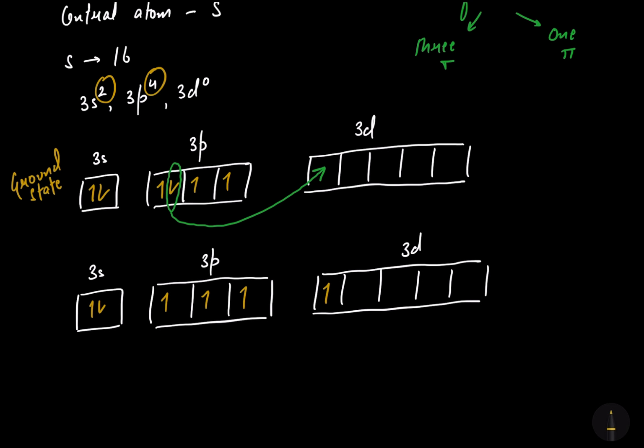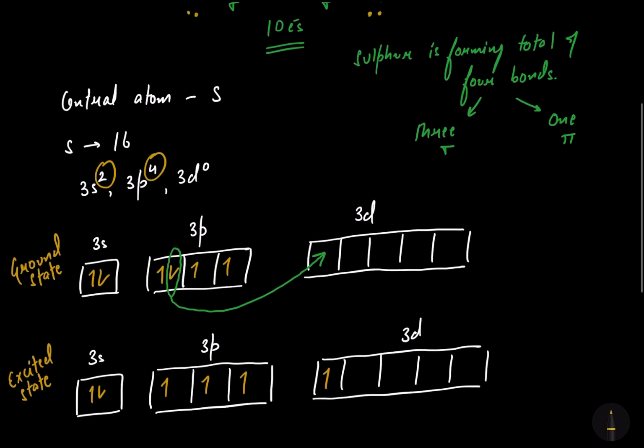We got the 1 electron over here. So that's called the excited state. In the excited state we are having 4 electrons in 4 different atomic orbitals, which makes sulfur eligible to form the 4 covalent bonds.